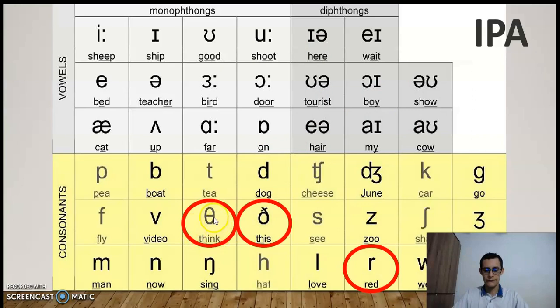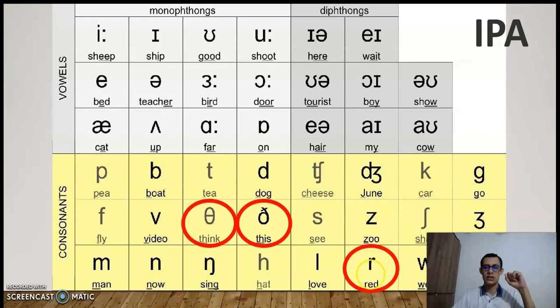Remember, the first grapheme is this one, okay. It's an unvoiced sound, for example, think. And we have this one, this grapheme is represented with the voiced sound, like this. And the second one, we have words as well, R. Remember that in Spanish, that R is the R, okay?